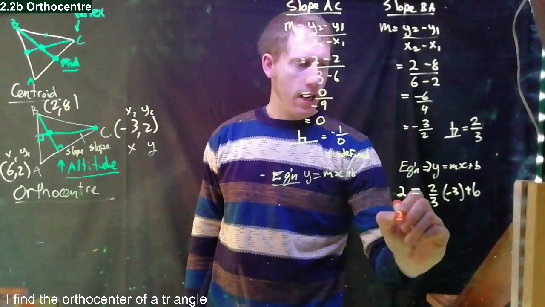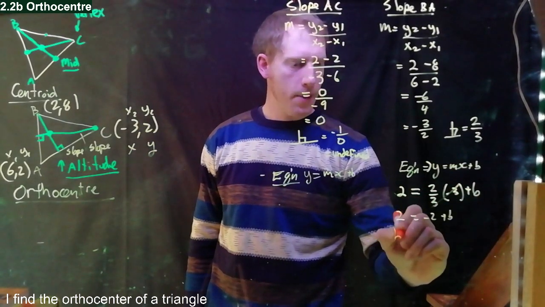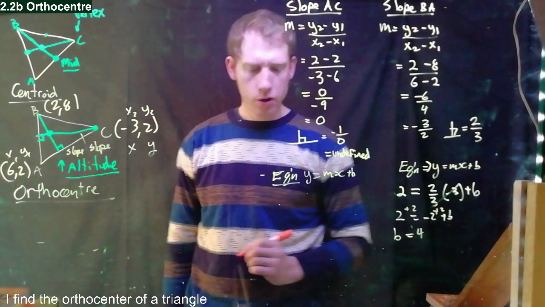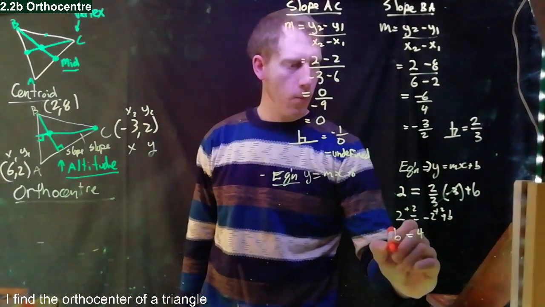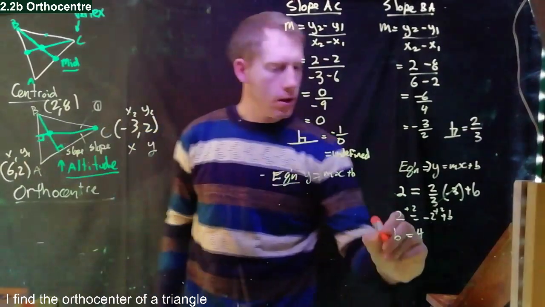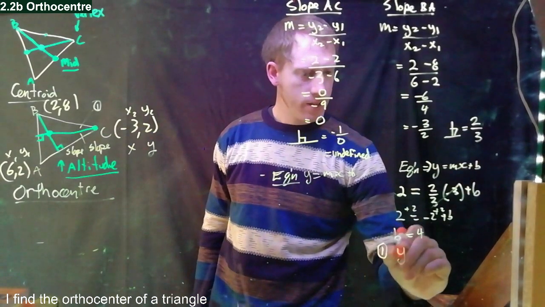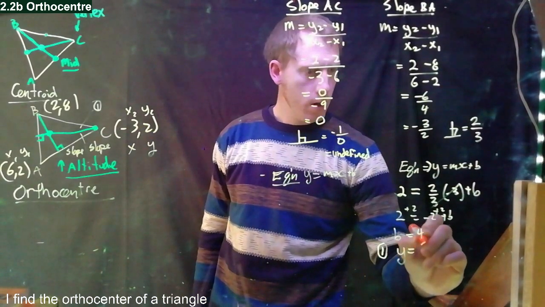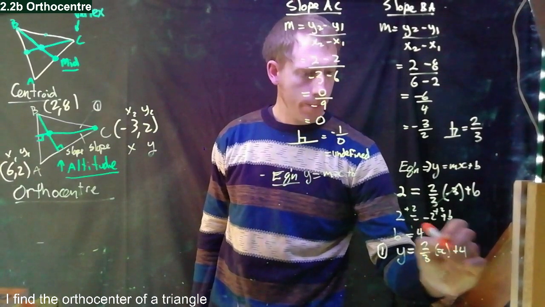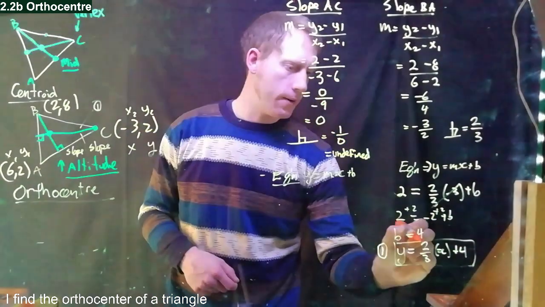So 2 going to kill, so you can have negative 2 plus b. b, you're going to add 2, equal to 4. So the equation of this, number one, is y is equal to 2 over 3 multiplied by x plus 4. That is the equation of this altitude here.